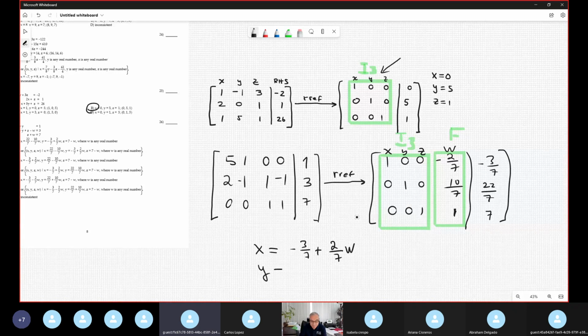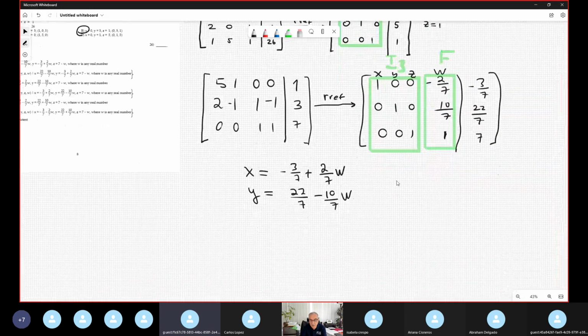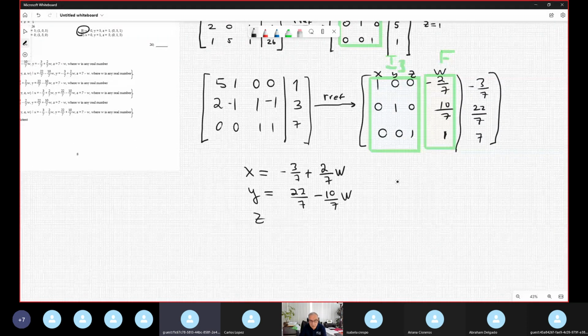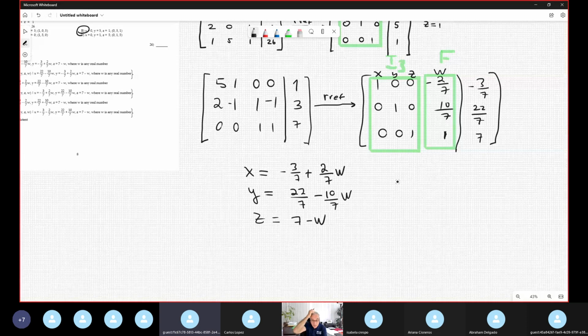And Y is 22 over 7 minus 10 over 7 W. And Z is 7 minus W. Boom. Entonces now I know that my solution is living in the 4-dimension context.